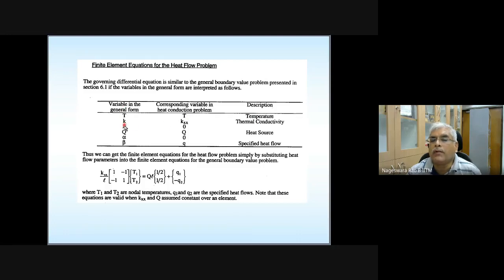In the general problem, coefficient K as a function of X is there, and that takes the form of Kxx in steady state heat conduction, which means thermal conductivity.